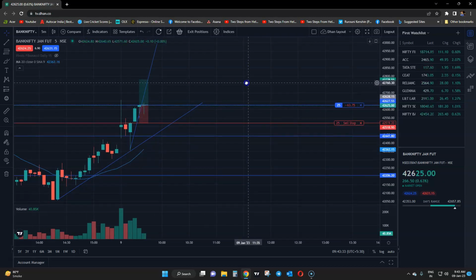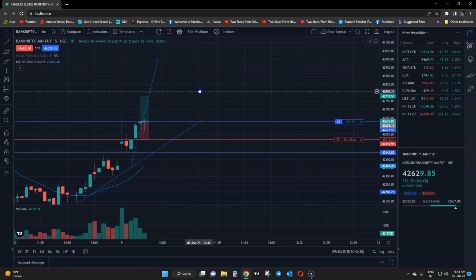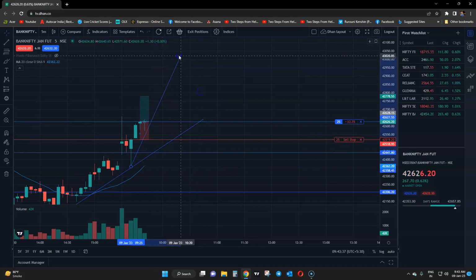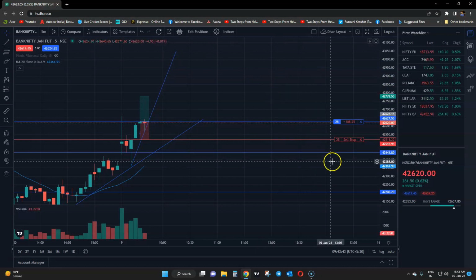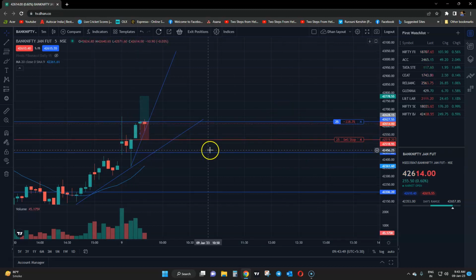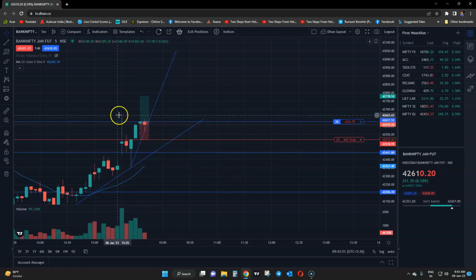And let's see where this goes. It's a good bull trend bar.